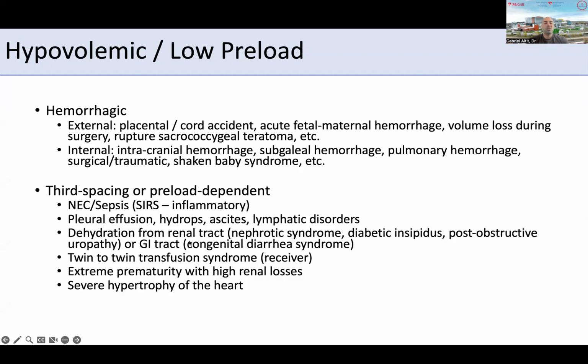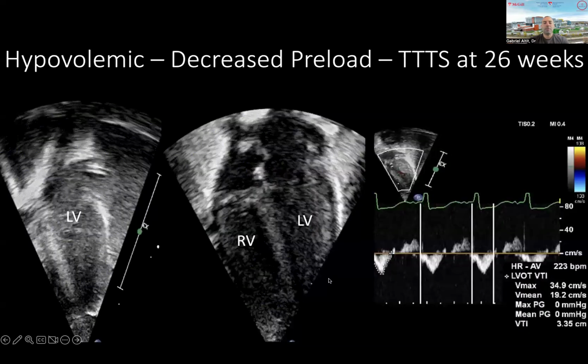Patients with twin transfusion syndrome are particularly sensitive to preload, especially the recipient, and especially if they have cardiac hypertrophy. And as I mentioned, severe hypertrophy, for example in an infant of a diabetic mother, is less something that we see in prematurity generally, but these patients can be quite preload dependent.